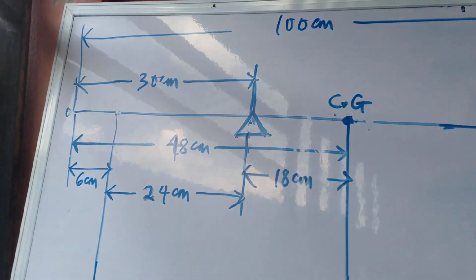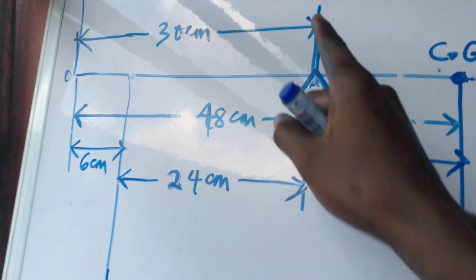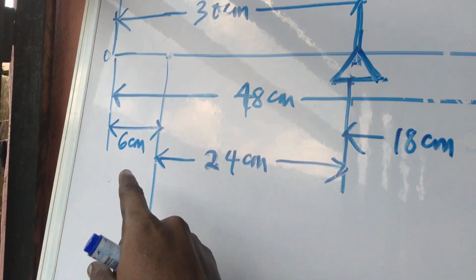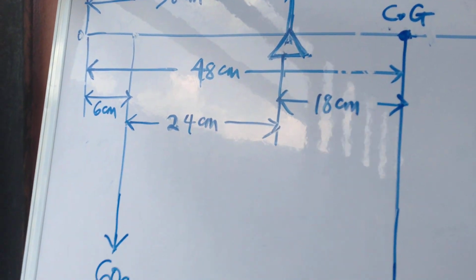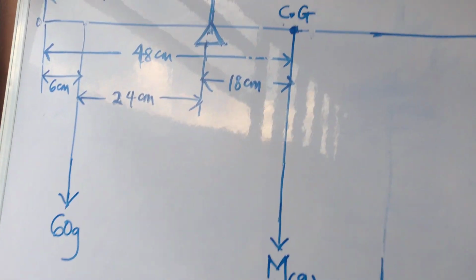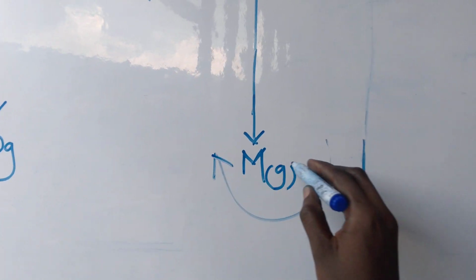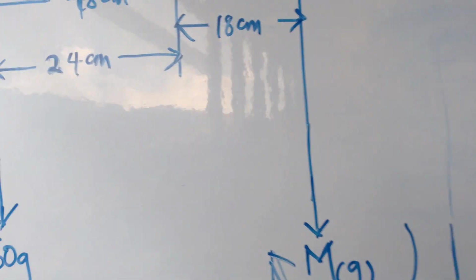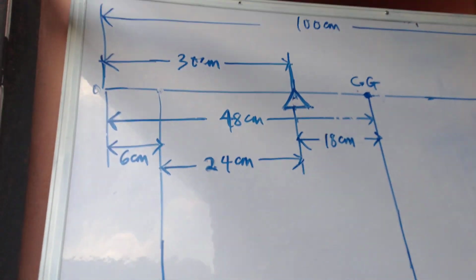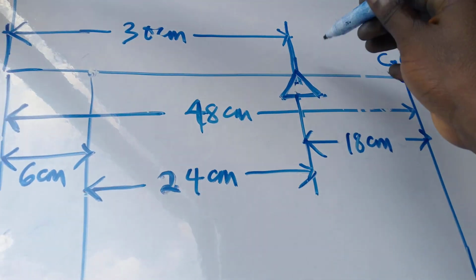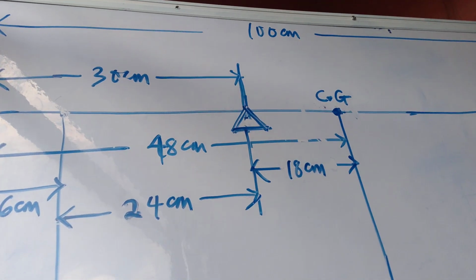So we stated that 48 minus 30 gives you this side as 18, and 30 minus 6 gives you this smaller side as 24 cm. The next thing now is to take moments, with respect to clockwise moments and anti-clockwise moments. So we are going to take moment with respect to the pivot.